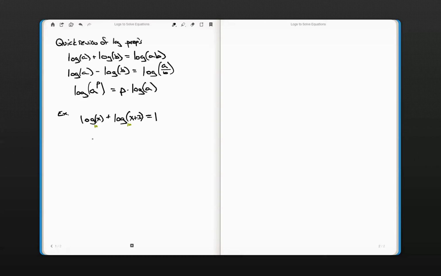I can rewrite this as the log of x times x plus 3 equals 1. Or I can do a little housekeeping inside and say it's the log of x squared plus 3x equals 1. All right, now we've got some options.